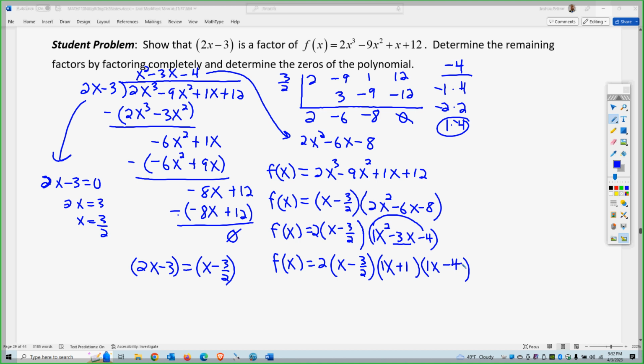So the factors are 2, x minus 3 halves, x plus 1, and x minus 4. There we go. Those are the factors.